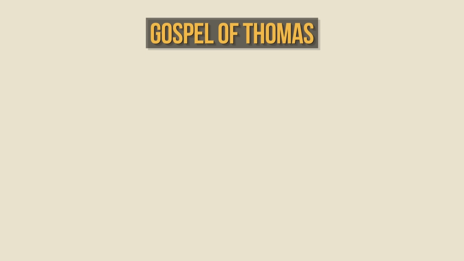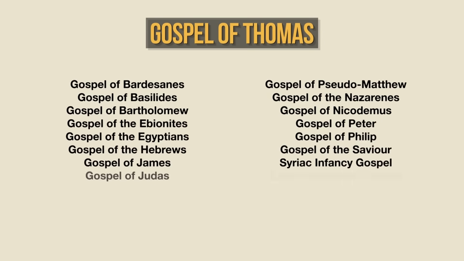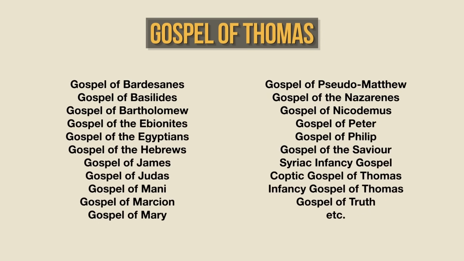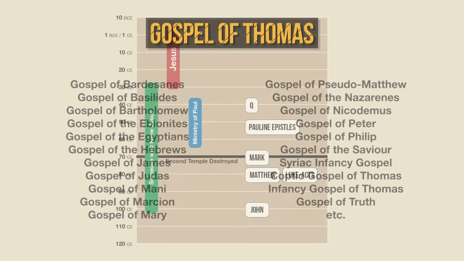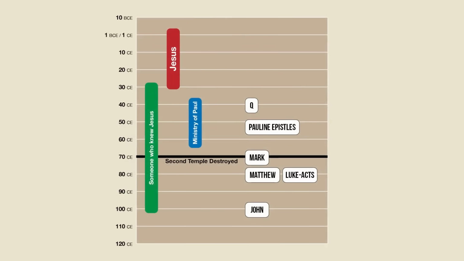That's right, we have dozens of other Gospels, beyond just the 4 that made it into the New Testament. Most of these are thought to have been written much later. However, the Gospel of Thomas is the exception to this rule. According to some scholars, it may have been written around the same time as the main 4.